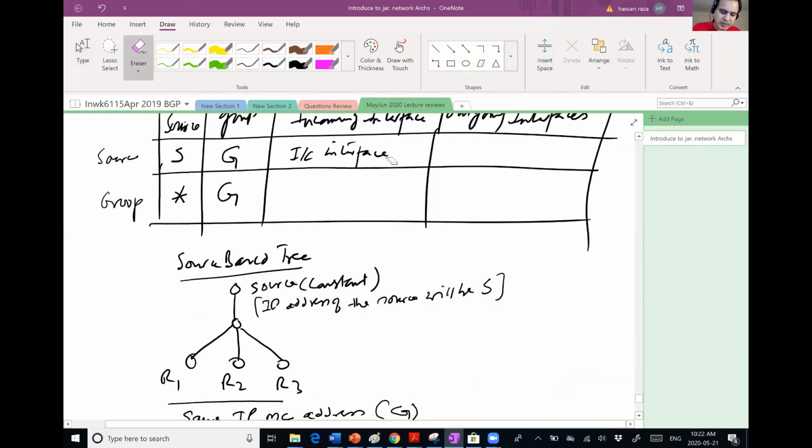So here I would say my incoming interface is I1. So reverse path forwarding, and IGMP for making the group and knowing the interface, is common.